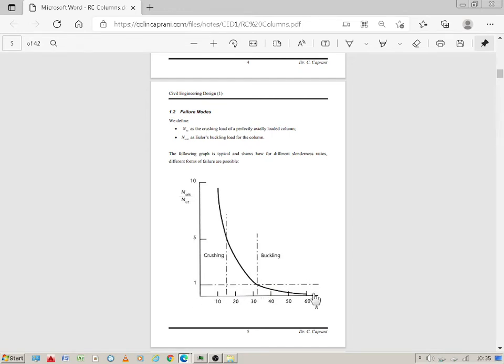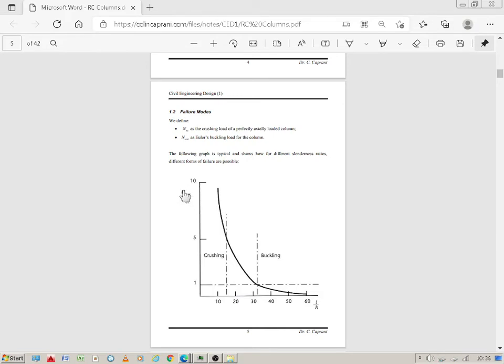The axis along the bottom is the effective height, which is also related to the slenderness, because the slenderness is effective height over H. So as the slenderness goes up, the column will fail in buckling rather than crushing, which is quite obvious, really, isn't it?